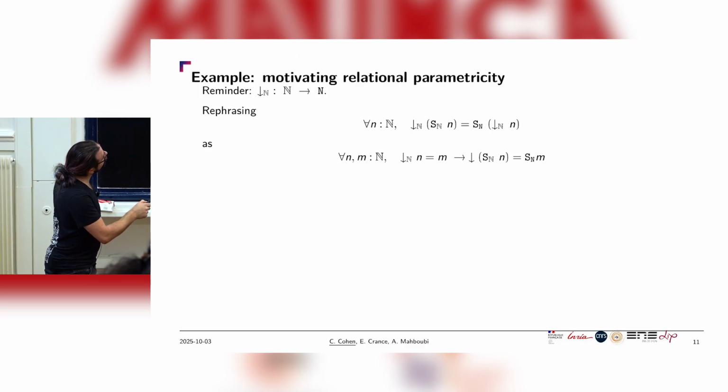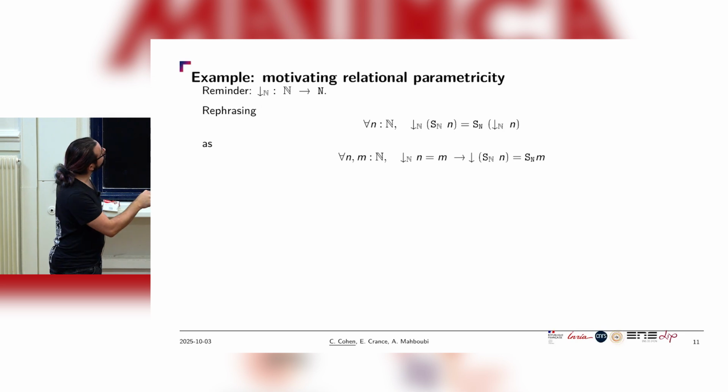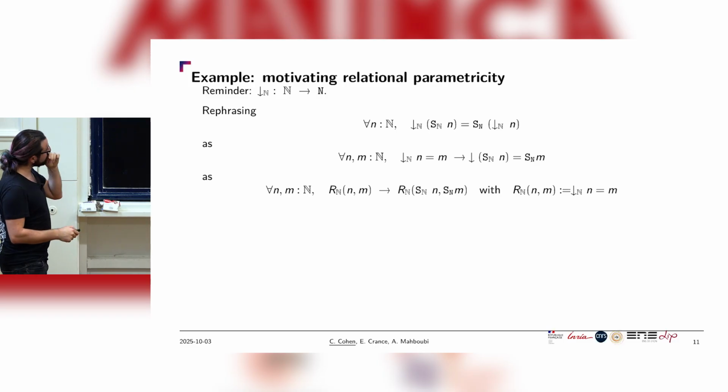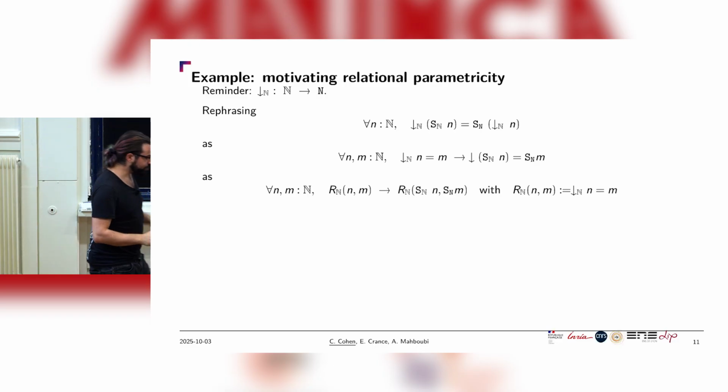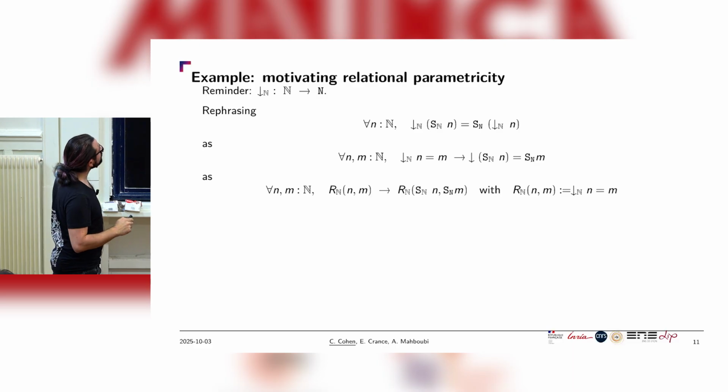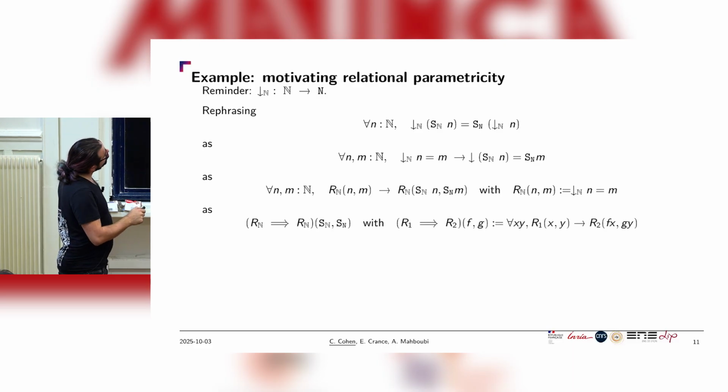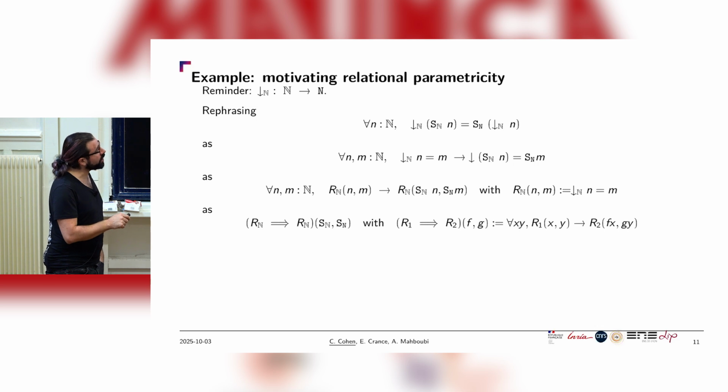You can take out this member and put it here so that you have the same shape here and there that you can abstract as a relation. So this relation says two terms are in relation if they are in correspondence via the isomorphism. And then you can introduce the relation that corresponds to the implication, which says the implication of two relations relates two functions if for all related arguments they are mapped to related outputs.